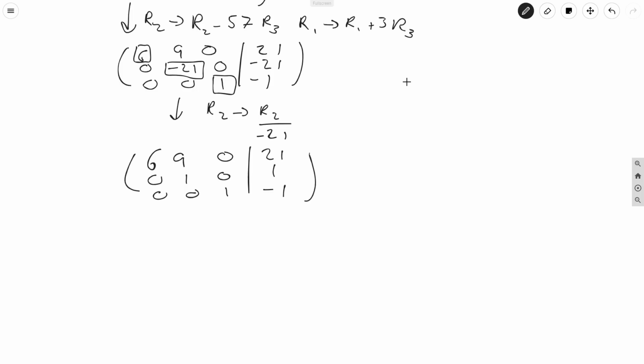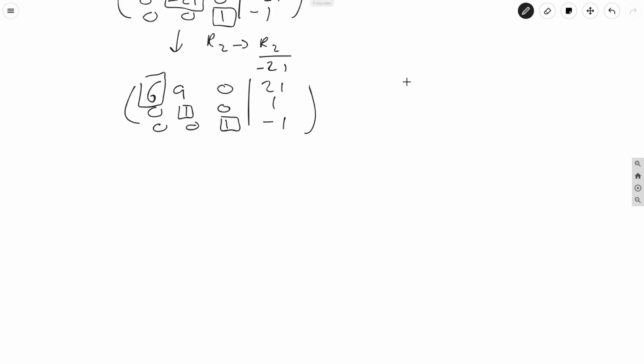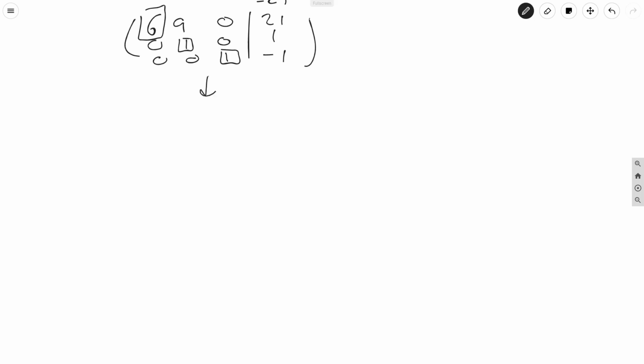Okay, and lastly, to complete this, we just now need to get rid of this 9 and turn whatever's left over here into a 1. So row 1 gets sent to row 1 minus 9 row 2, and that will turn this 9 into a 0, right? So we get 6, 0, 0, 12, 0, 1, 0, 0, 0, 1.